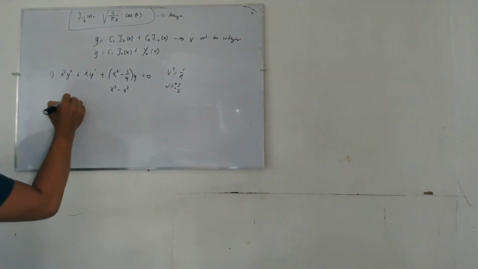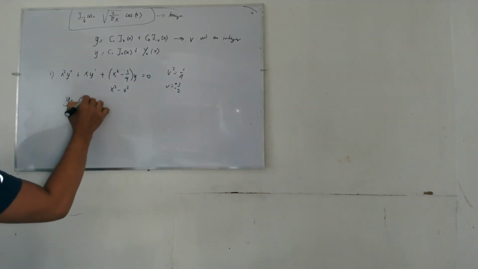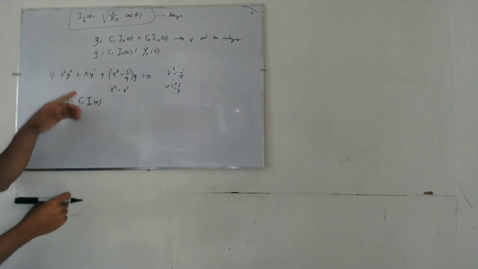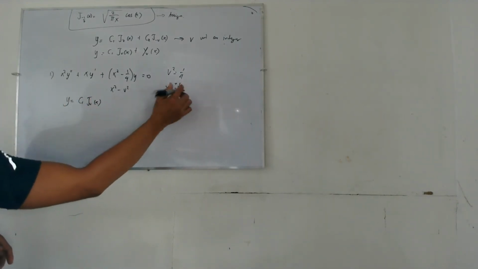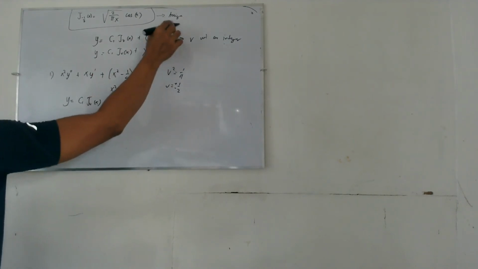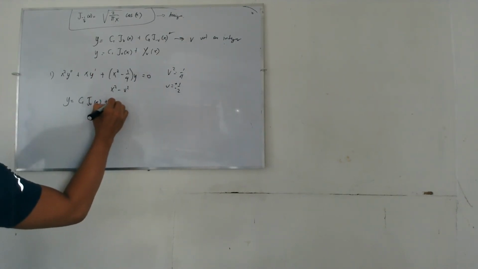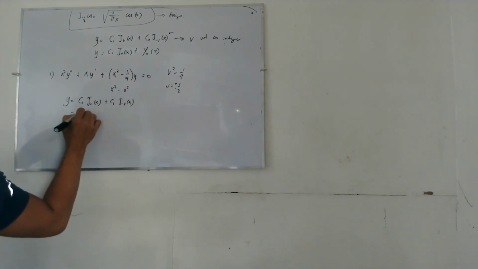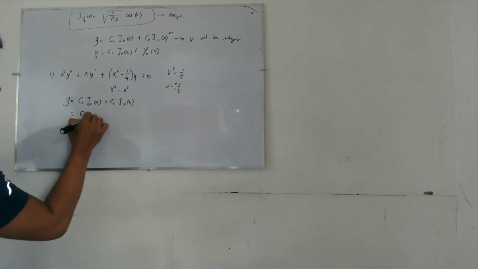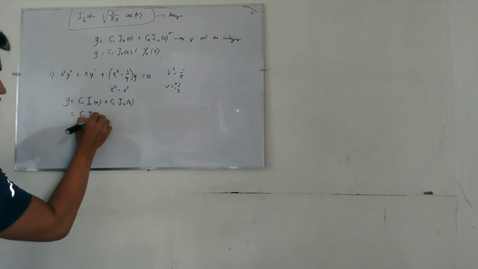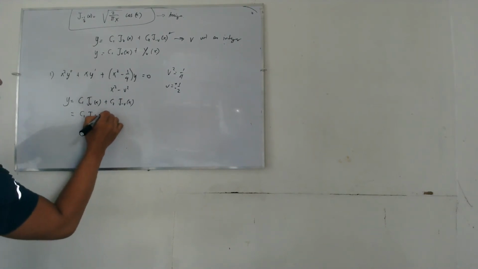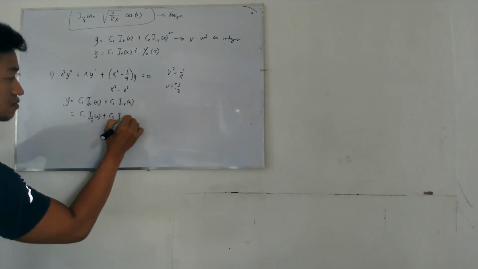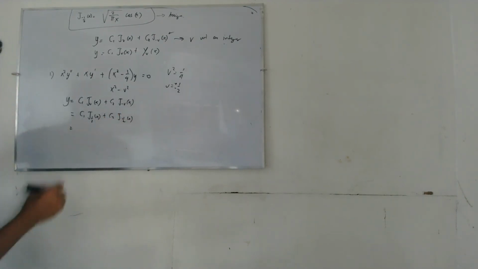So therefore your general solution will be c1 j v of x because not an integer man eh. Not an integer. So kani ang gamiton. Plus c2 j negative v of x. So this is c1 j 1/2 of x plus c2 j negative 1/2 of x. Okay?